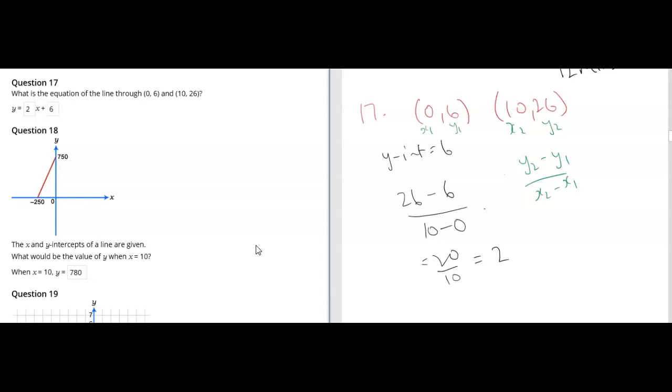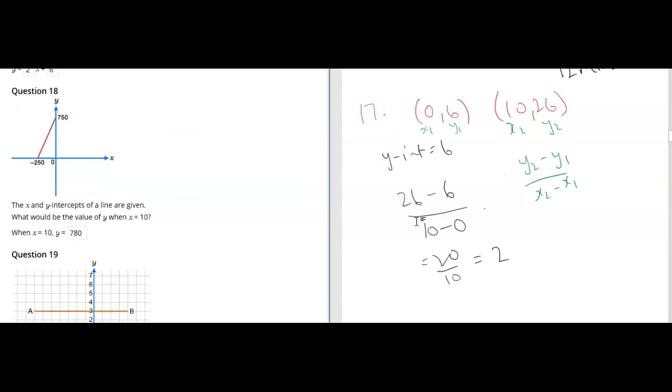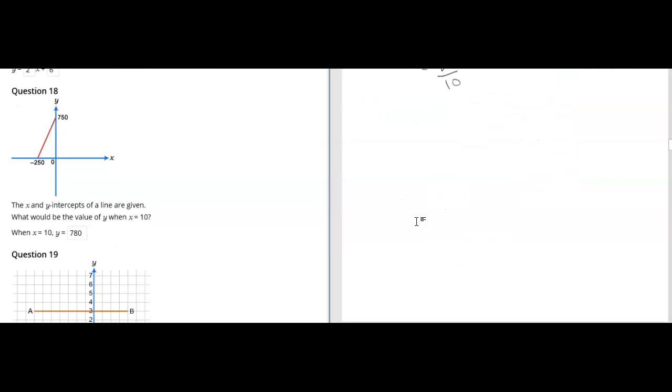The x and y intercepts of a line are given. What would be the value of y when x is equal to 10? So we need to work out the equation of the line first. So let's just do that. So we've got the points (0, 750) and (negative 250, 0).